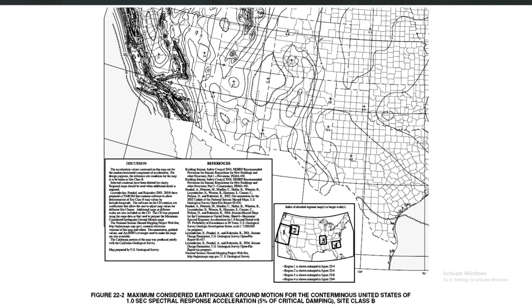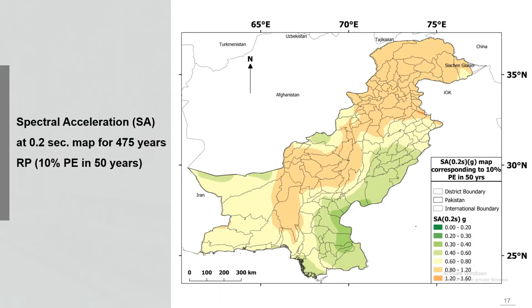You can see this is the MCE level map corresponding to 2% probability of exceedance in 50 years. But now the hazard parameter is not PGA, the hazard parameter is S1, 1 second spectral response acceleration, and 5% critical damping is fixed, considered as the standard in different building codes.